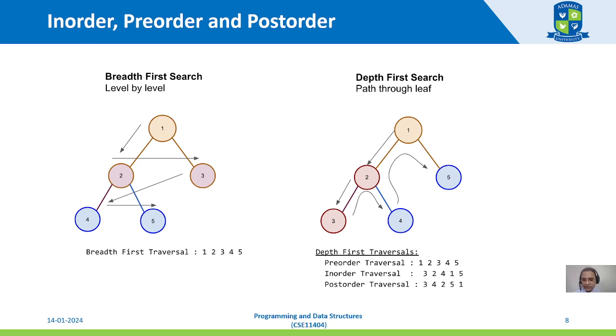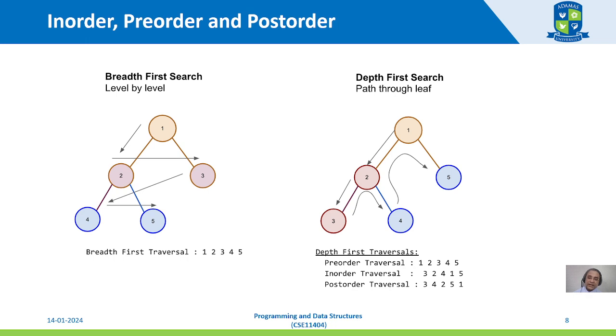So 3 is traversed first, then 4, then 2, then 5 will be traversed after 4, then 1. So in case of post-order, the last element must be the root element, and in case of pre-order, the first element must be the root element.